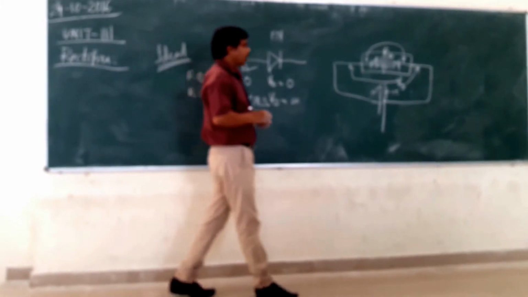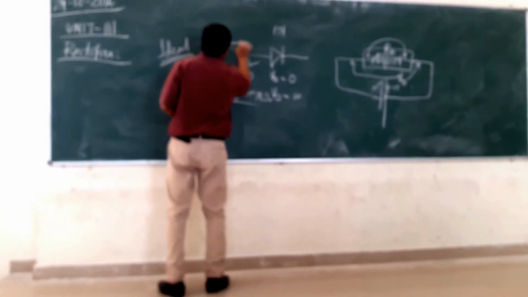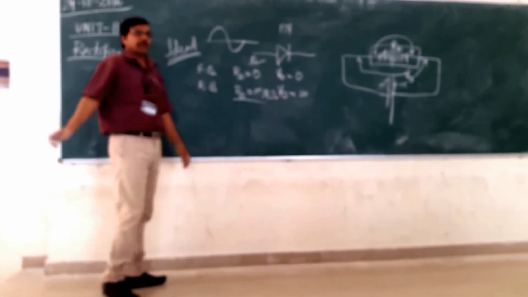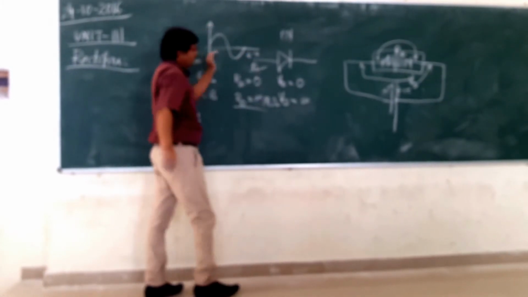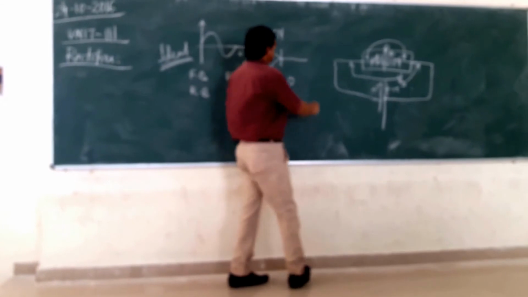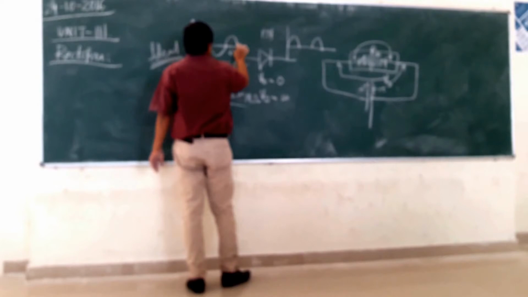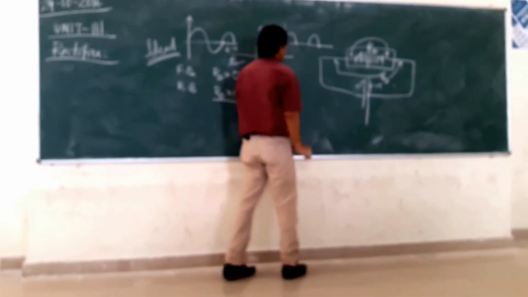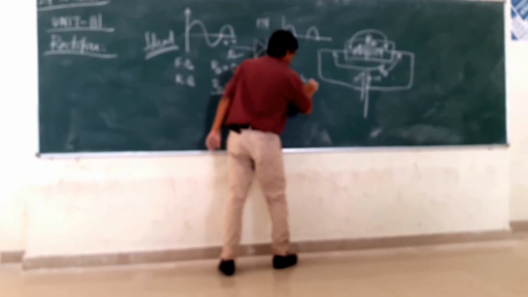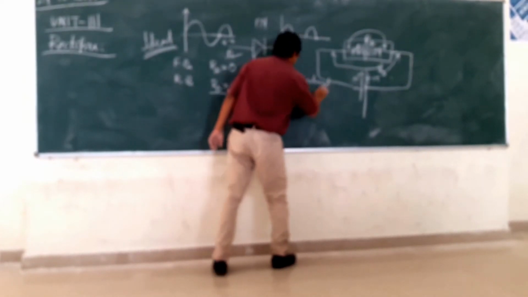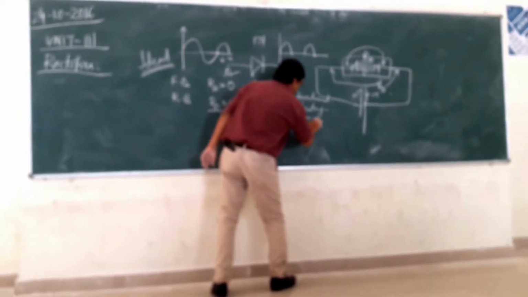Now, one more thing about the diode: when we give an AC input to the diode, at the output we get a unidirectional pulsating current.